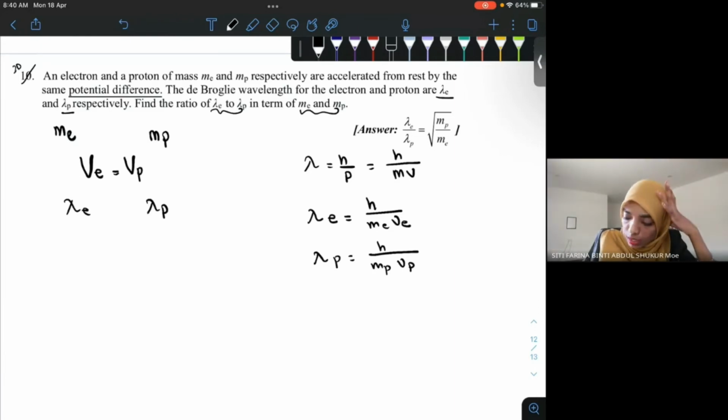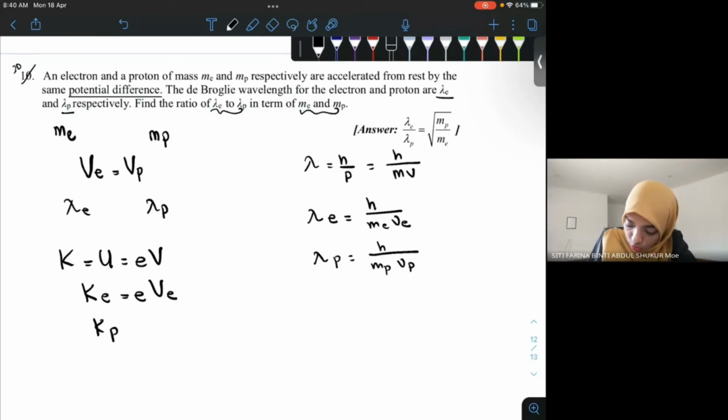Okay. Alright. Sekarang, kalau kita tengok informasi yang kita ada adalah on their potential difference, and we know this potential difference can be equate dengan kinetic energy, iaitu kinetic energy sama dengan U sama dengan eV. Okay. So, kinetic energy of electron akan sama e, voltage of electron.